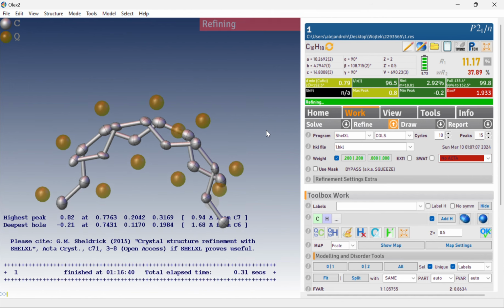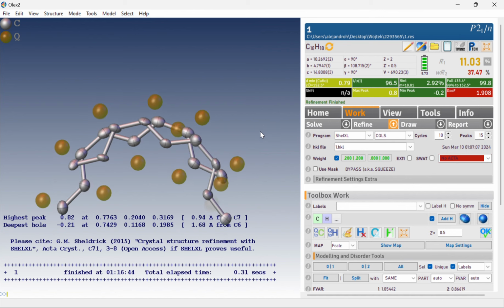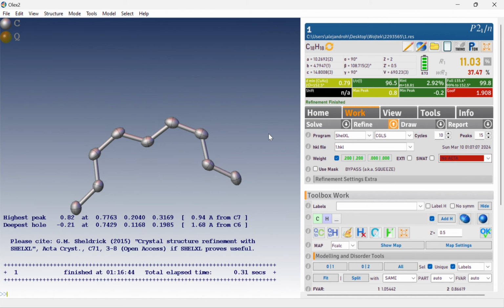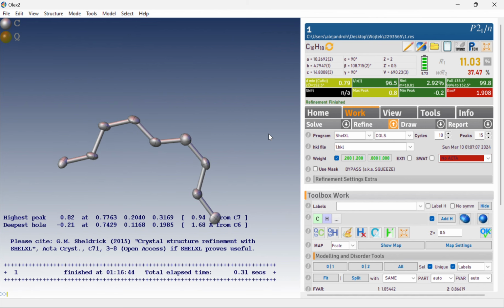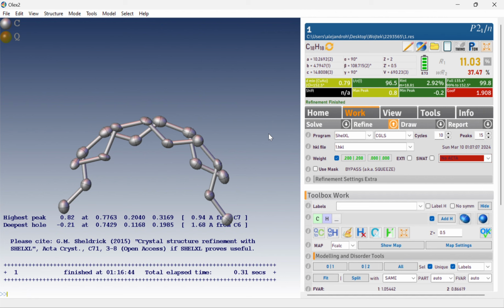Okay, something's moving. Again, R factor dropped a bit. Not much. Okay, but it doesn't look too bad. If I now click input show P1, we see part 1. Show part 2, we see part 2. They look fine. Again, show part 1, 2. Now we'll see both of them.